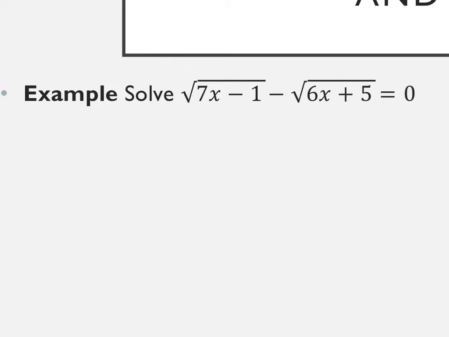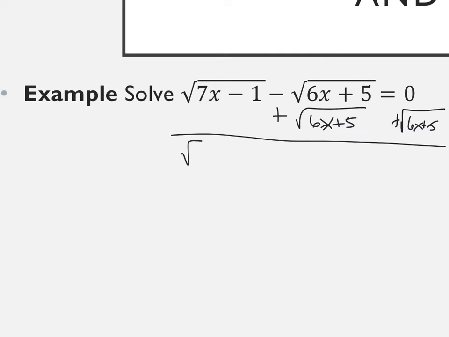So instead, we are going to actually add the square root of 6x plus 5 to the other side first. Okay, so notice we have the square root of 7x minus 1 equals the square root of 6x plus 5. So now that our radicals are isolated, we can square both sides.